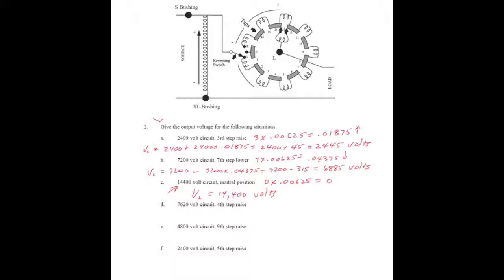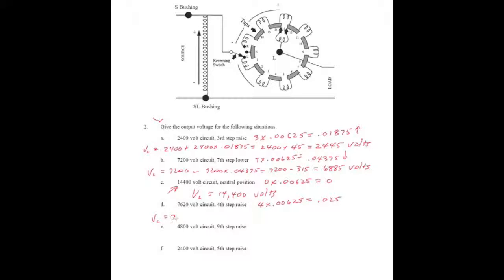In D, we've got a fourth step rise of 7620, so it's going to be 4 times 0.00625, which is 0.025. So we're going to raise the voltage.